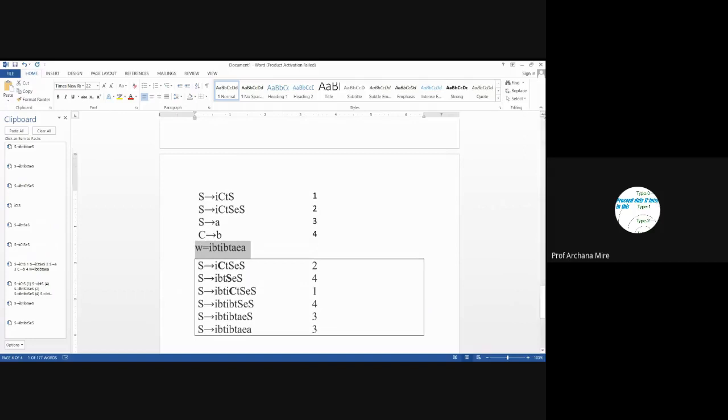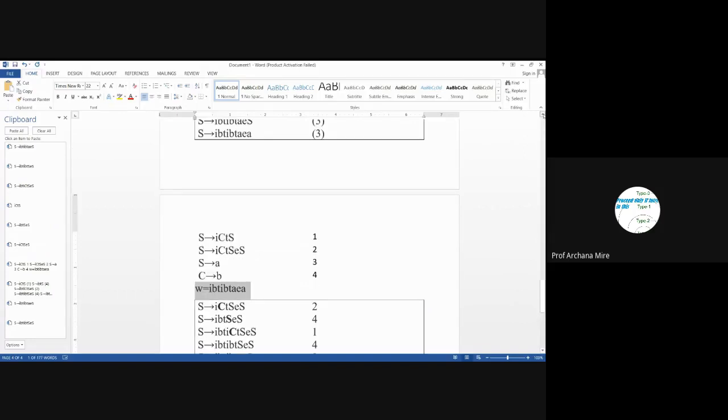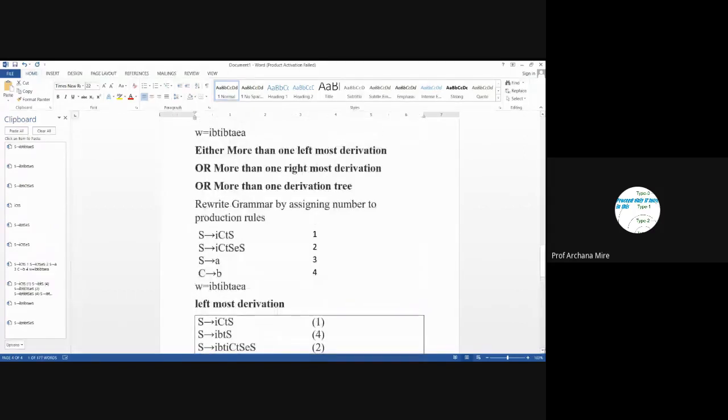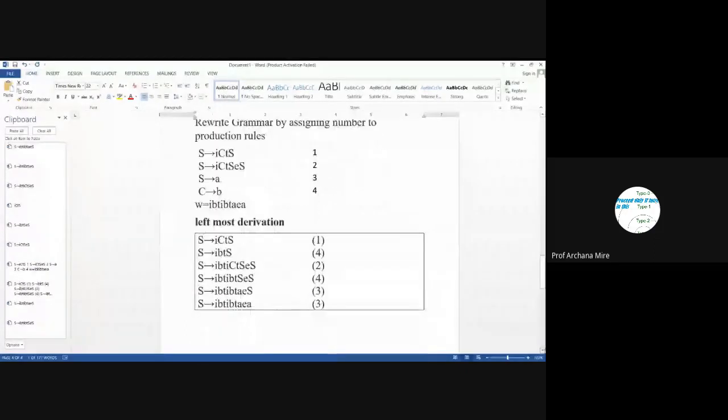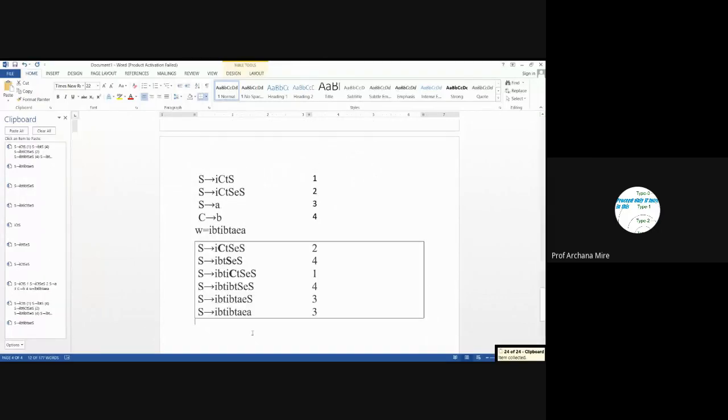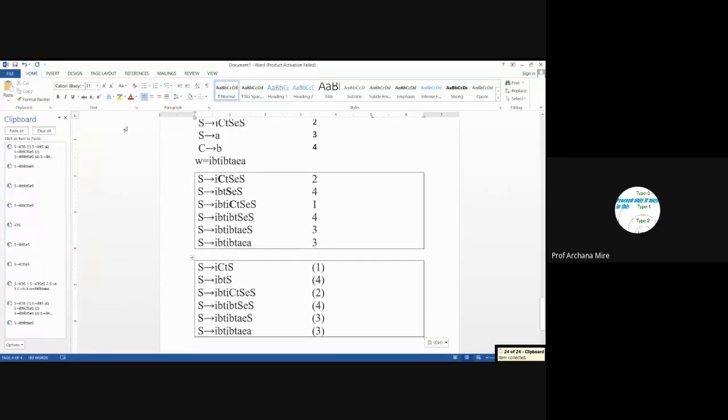So I will copy here the upper leftmost derivation so that it will be more clear to you. See here, this is our second leftmost derivation and this is our first leftmost derivation. This should be bold, this S should be bold, and this S should be bold.